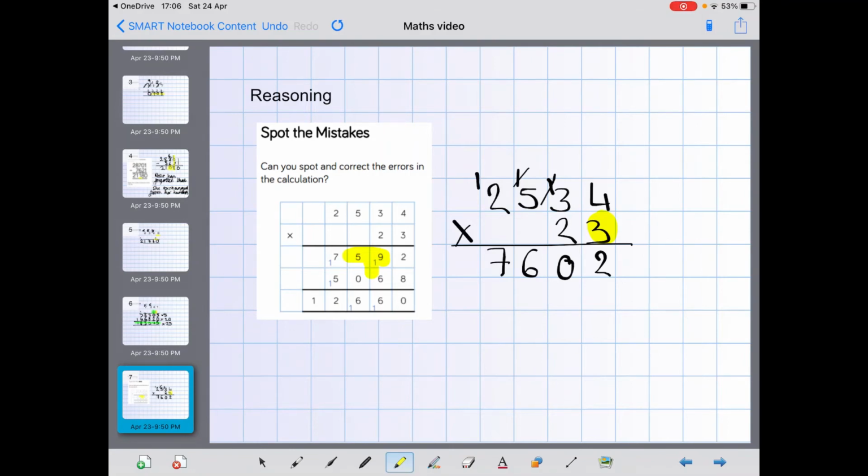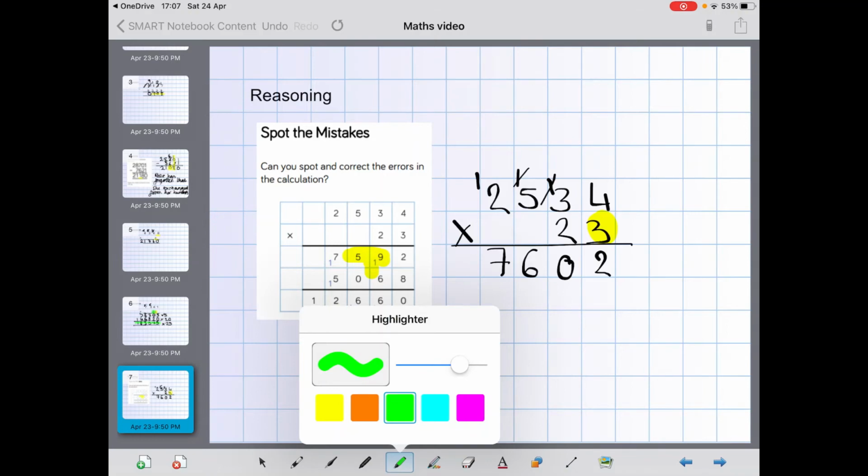They did 3 times 3, but they forgot to add on that digit, making it 9 instead of 10. They placed down 9 when it should have been 10 that they placed. Let's continue and see if there are any other mistakes.